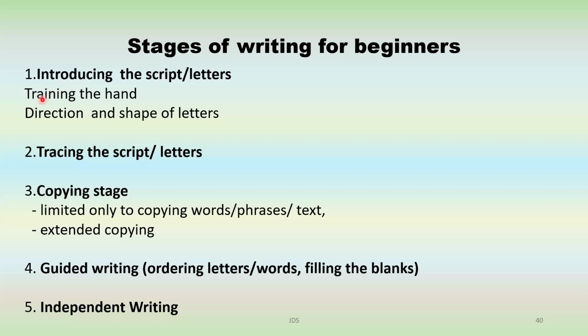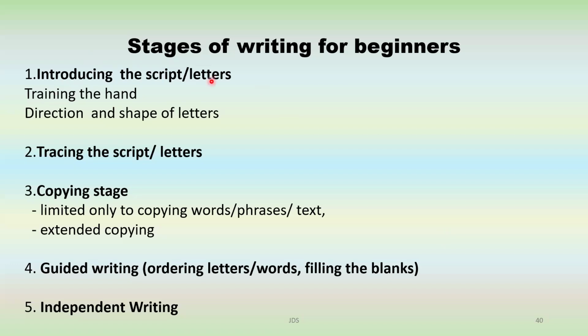First, training the hand. That means they are made to draw shapes connected to the letters. Right? They are not made to write any letters. Maybe just small hyphens, drawing horizontal lines, vertical lines.